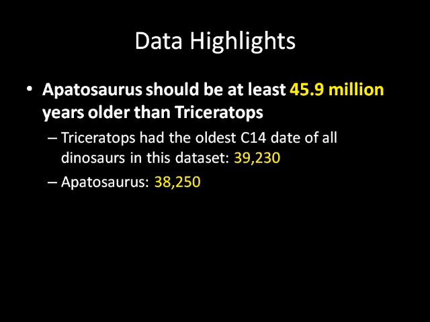I want to highlight some points. The Apatosaur should be at least 45.9 million years older than the Triceratops, but the Triceratops had the oldest carbon-14 date of all the dinosaurs in this data set at 39,230, when in fact it should be one of the youngest, one of the most recent. And compared to the Apatosaurus, which should be older, the Apatosaurus got a carbon date of 38,250, compared to the Triceratops, which should be younger and got an older carbon date by 980 years.